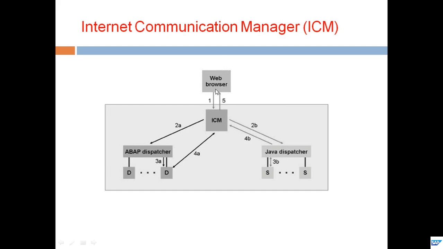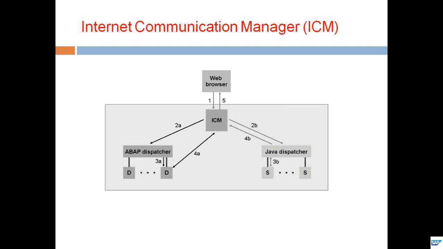Here, the web requests are received by the Internet Communication Manager. This HTTPS request can be processed either in the ABAP work process, for example ABAP web Dynpro applications, or forwarded to the AS Java in the AS ABAP and Java system.